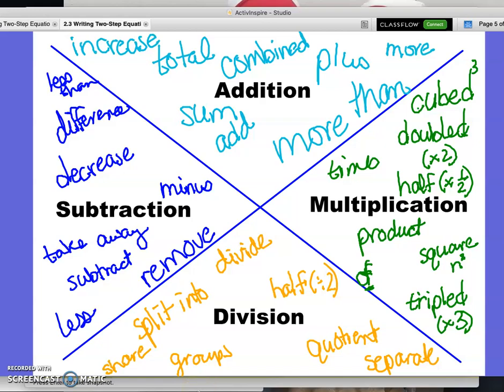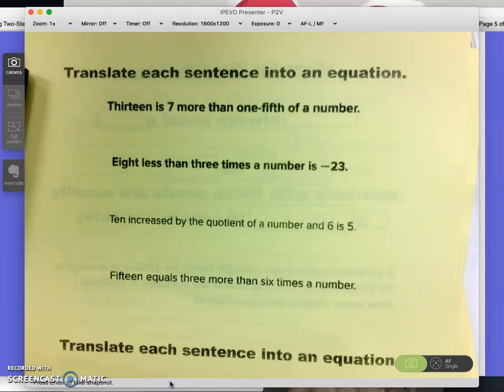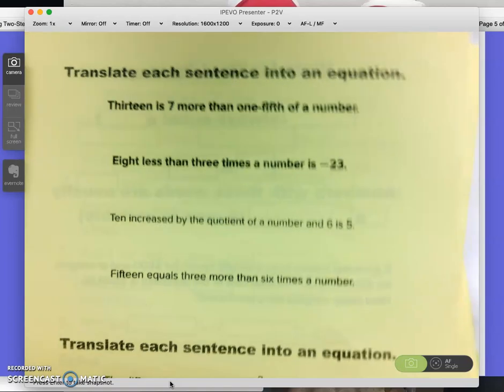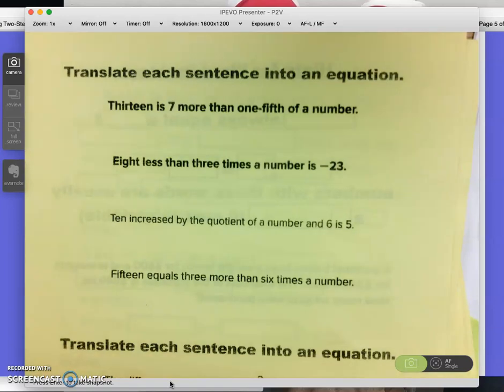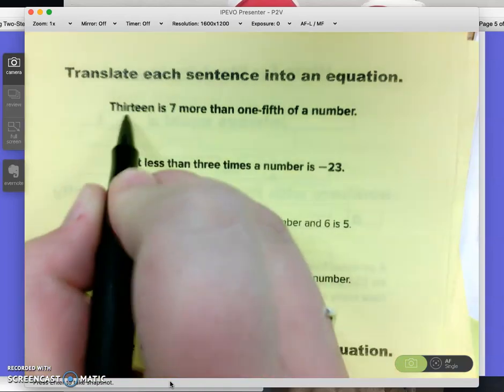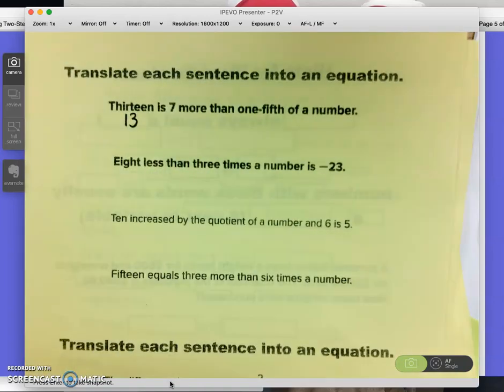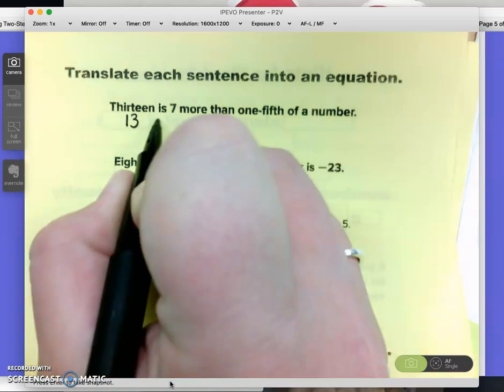So what we're going to be doing is translating sentences into an equation. And the first thing I would like to do with these is, under each word, write a number or an operation. Okay? So 13 as a word, I'm going to write it as 13. "Is" is going to be what? Multiply? No, "is."